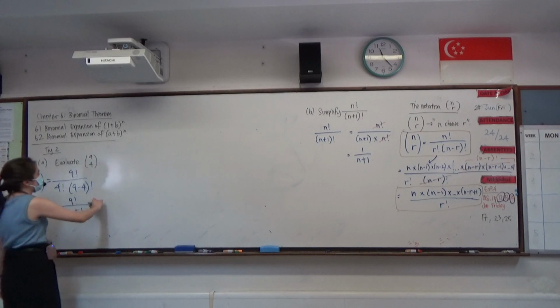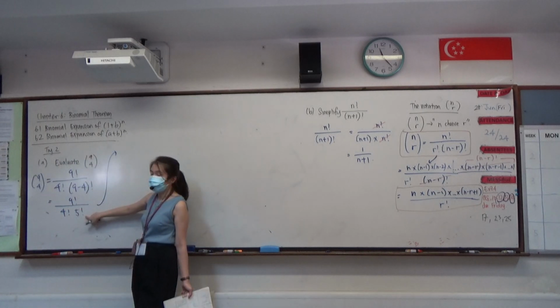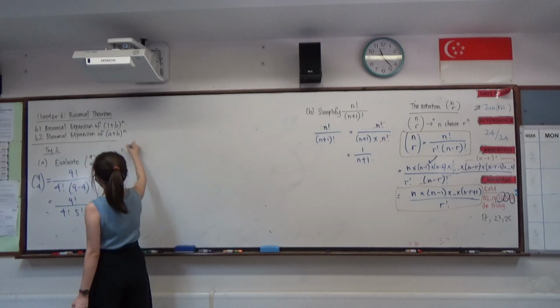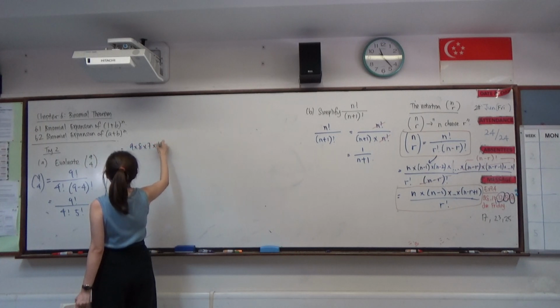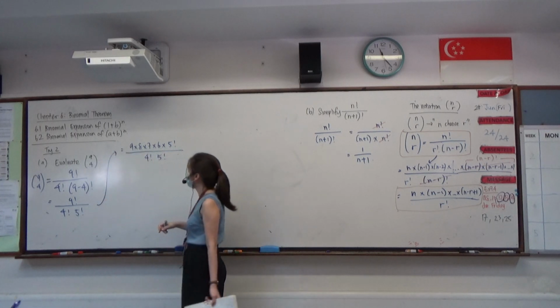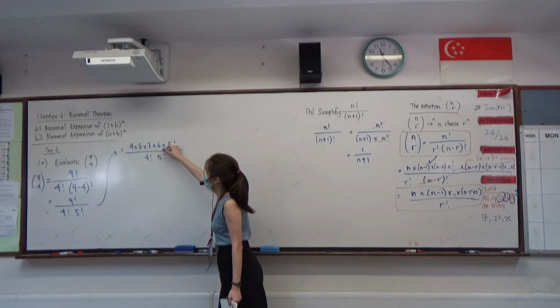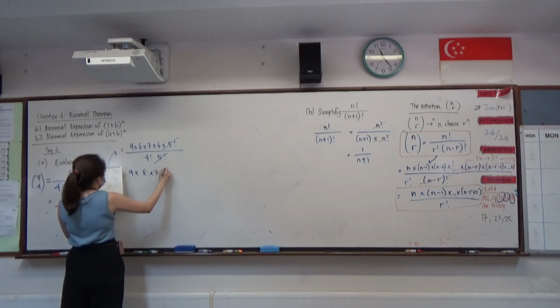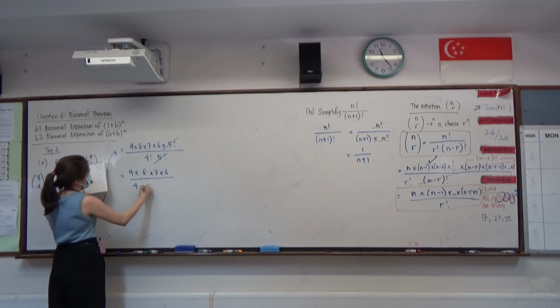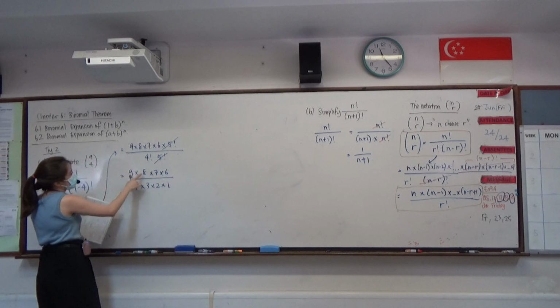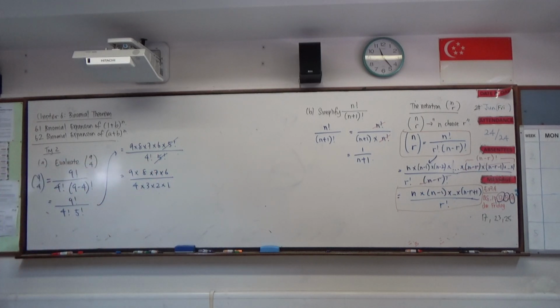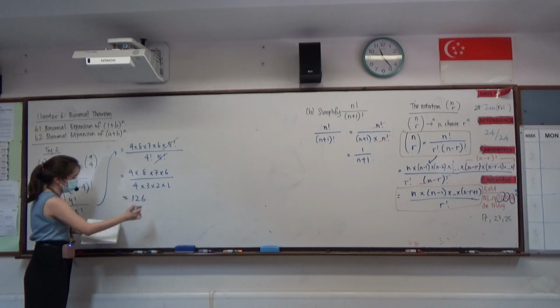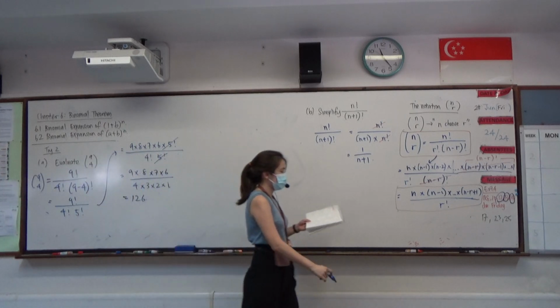Then we agreed that 5 factorial appears inside 9 factorial. So we can cancel out the 5 factorial and we are left with 9 times 8 times 7 times 6 over 4 times 3 times 2 times 1, which results in 126.